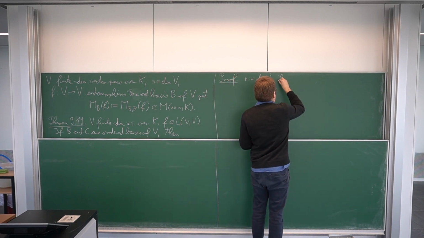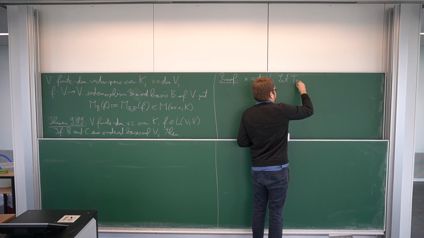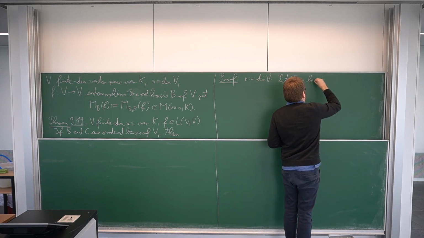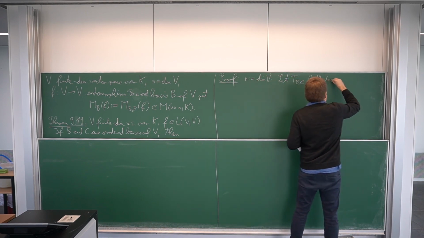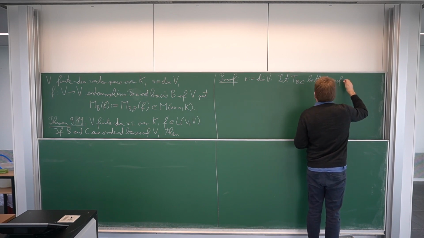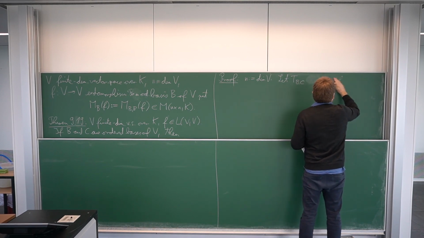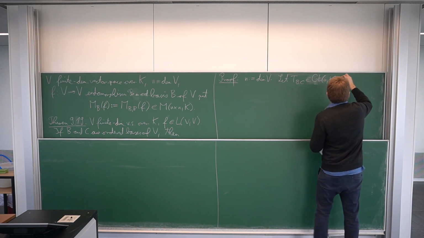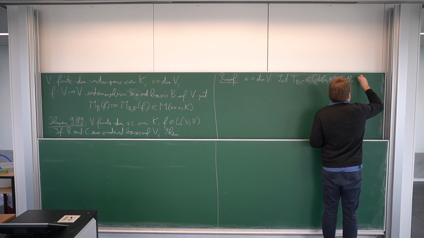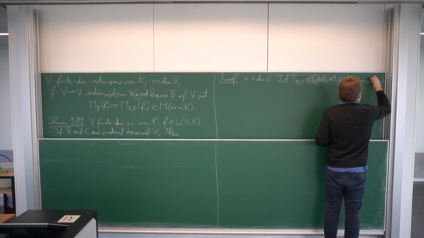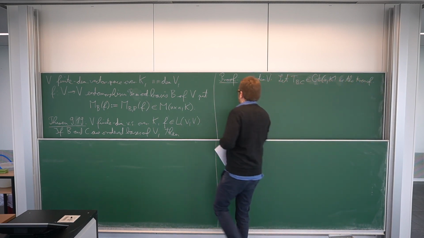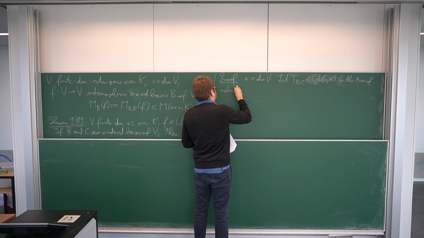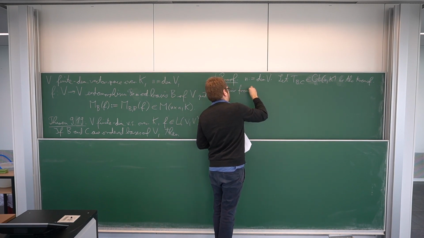So we take T_BC, this is the transformation matrix, and we've seen that transformation matrices are always invertible. So this is in GL_n(K), the transformation matrix from B to C.